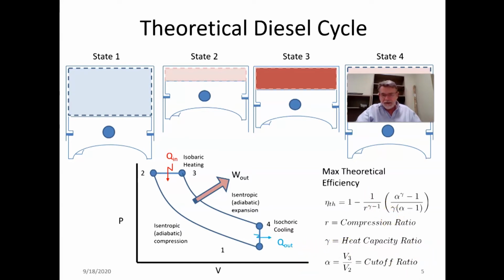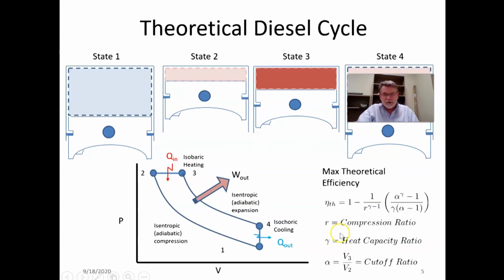You can see eta theoretical is this expression, again, maximum theoretical efficiency, where R is the compression ratio. Typically it's between 15 to 1 and 23 to 1 for a diesel engine. Here you have another factor, which is called the heat capacity ratio. Just know it's 1.4 for ideal gas, so it's a value we are going to use, 1.4.